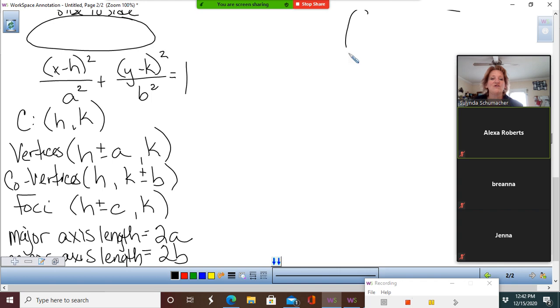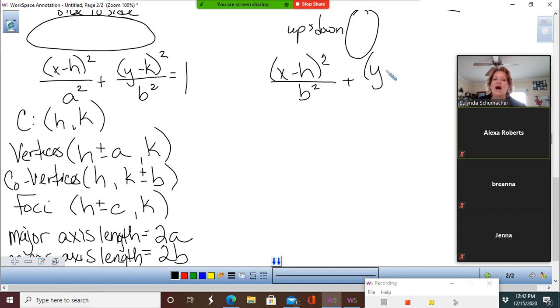If it's stretched up and down, we're going to call this up and down. Again, our equation is very similar. We have x minus h squared over b squared, because that's the smaller axis, plus y minus k squared over a squared equals 1. All right, so our center is still at (h, k).